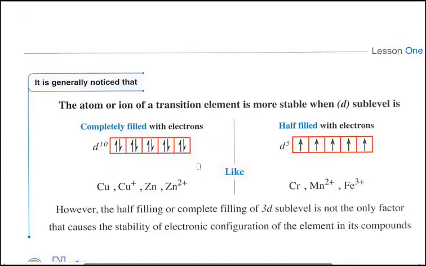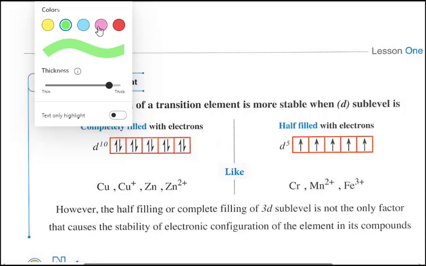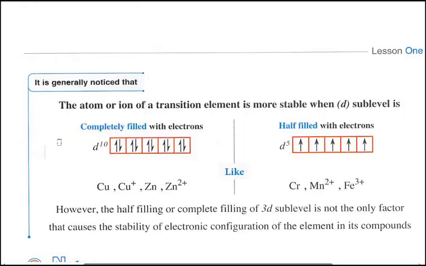So, generally speaking, the electron configuration is more stable when it is half filled or completely filled.